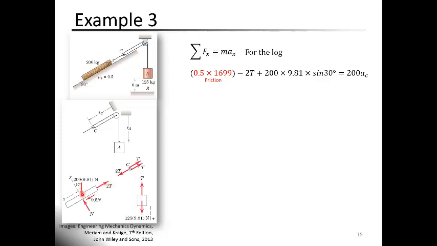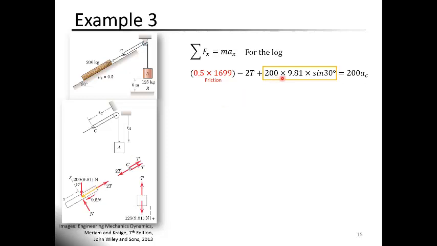And we have another component of the weight, because this weight will be resolved in the y direction and in the x direction. The component of the weight in the x direction is shown in orange here, and it is going down, so it's positive. We are just getting the component of this weight in this direction, so it's going to be the weight multiplied by sine theta.